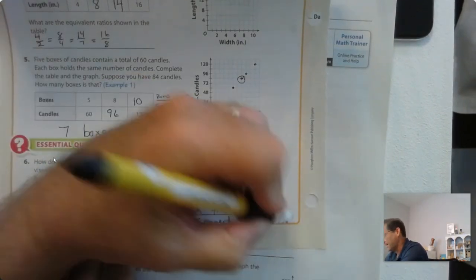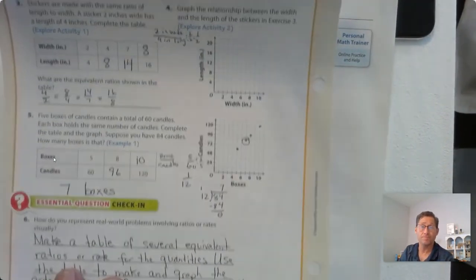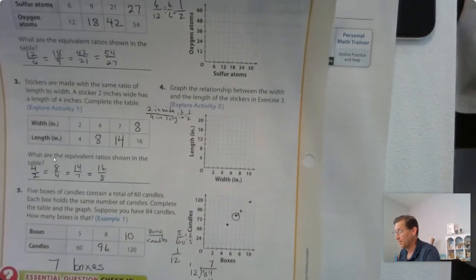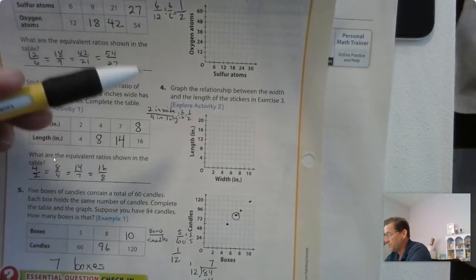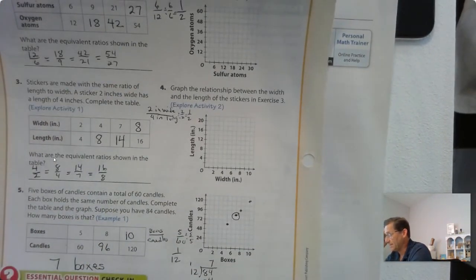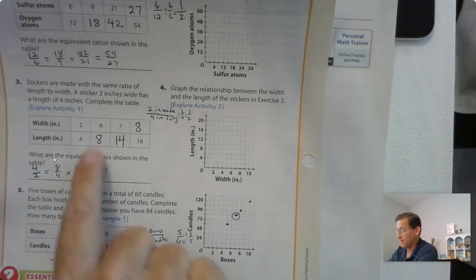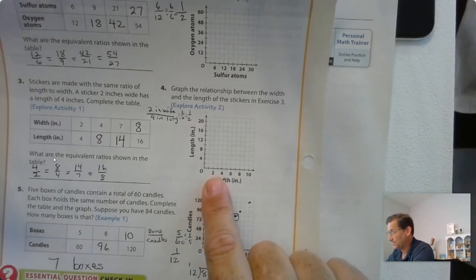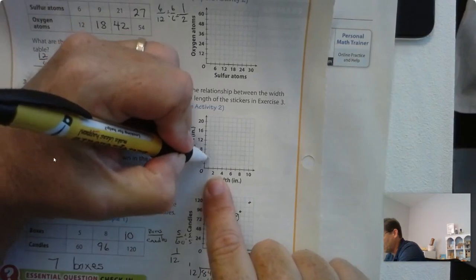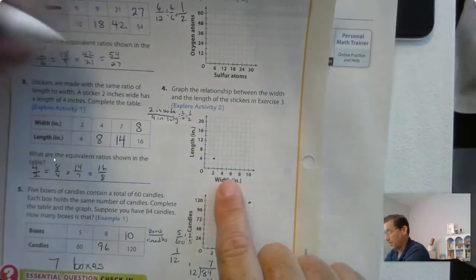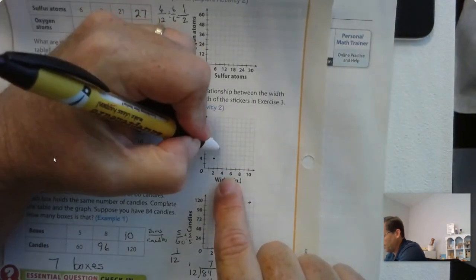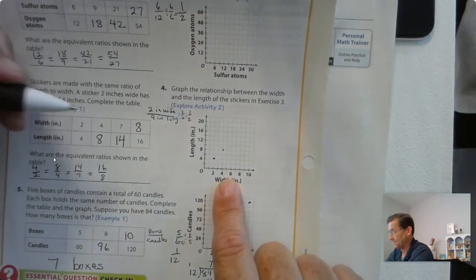Okay. Now, I notice I skipped number 4, so let's go back and look at number 4. Graph the relationship between the width and the length of the stickers in exercise 3. So we have a width of 2, and we have a length of 4. We have a width of 4 and a length of 8.